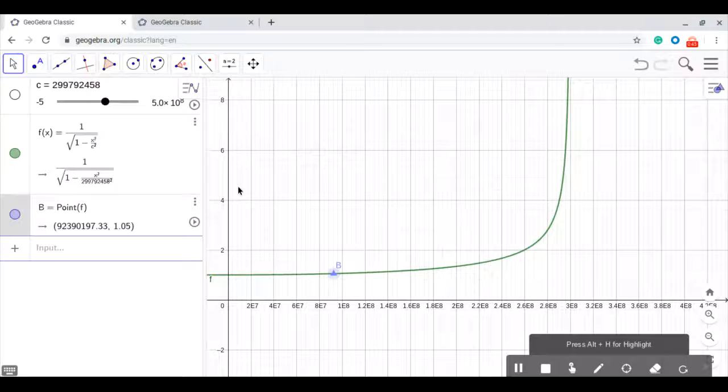So right now, you are looking at a time dilation graph. And this is how you would typically see it if you looked up Google images for time dilation. What you see here is just 1 over the square root of 1 minus our velocity squared, with velocity depicted on the x-axis over the speed of light squared.